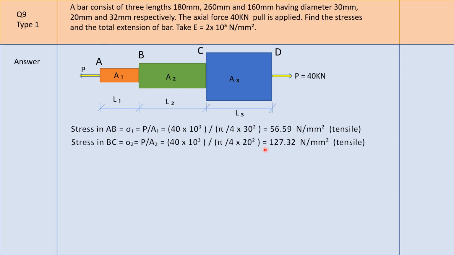Unit will be Newton per mm square. Again P is tensile, so the stress in BC also will be tensile. Then let us calculate the stress in CD.